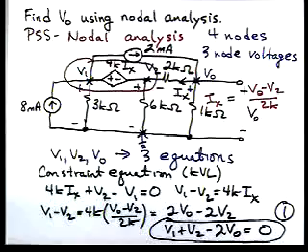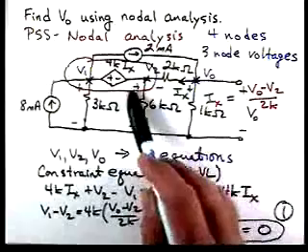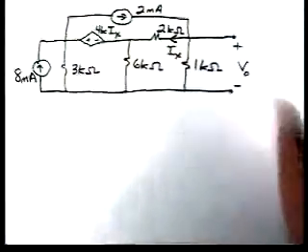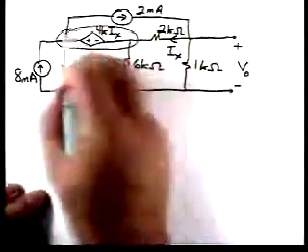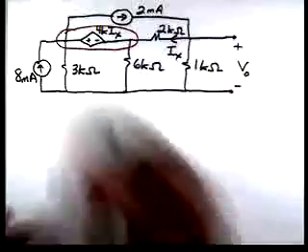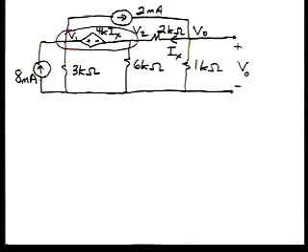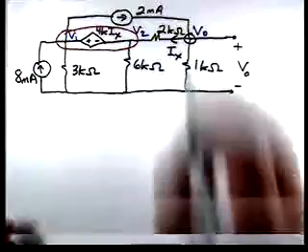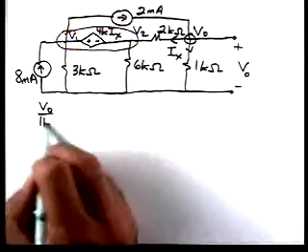For our second equation, we'll apply KCL at this node. Then we'll apply KCL at the supernode to get the third equation. Then we'll be ready to solve. Okay, so again, here's our circuit. We'll show the supernode again and the node voltages. So if we apply KCL at this node, for instance, we'll have a current leaving V0 over 1K.